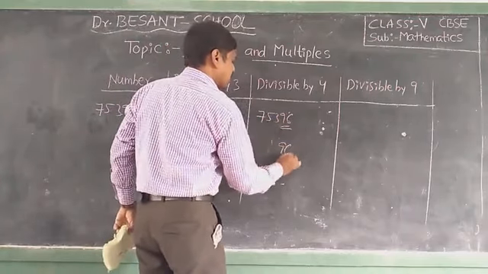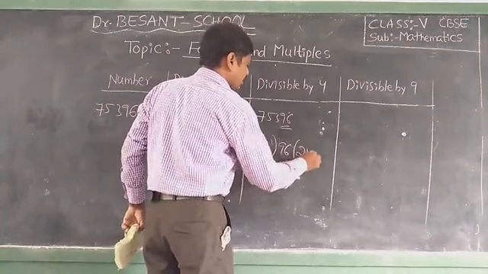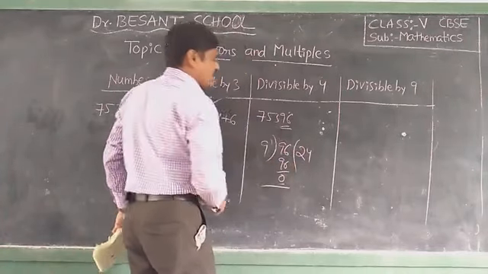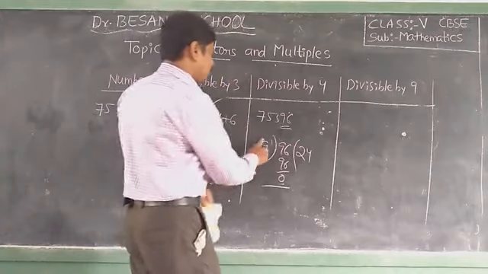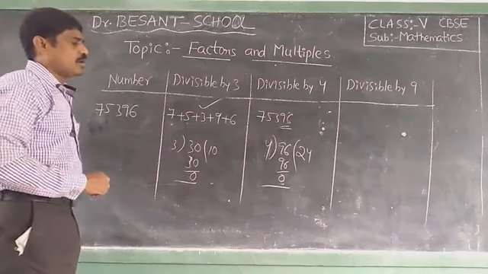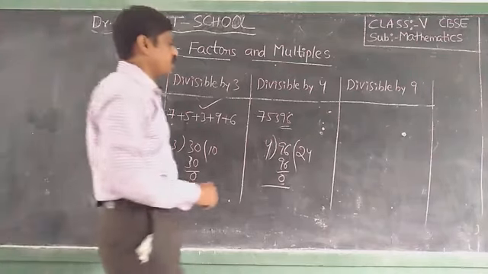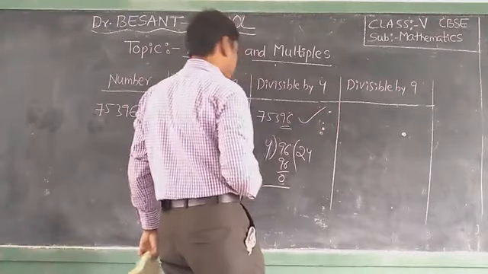Next, 75,396, the last two digits 96. 4 twenty-fours are 96, so the remainder is 0. Yes, it is divisible.